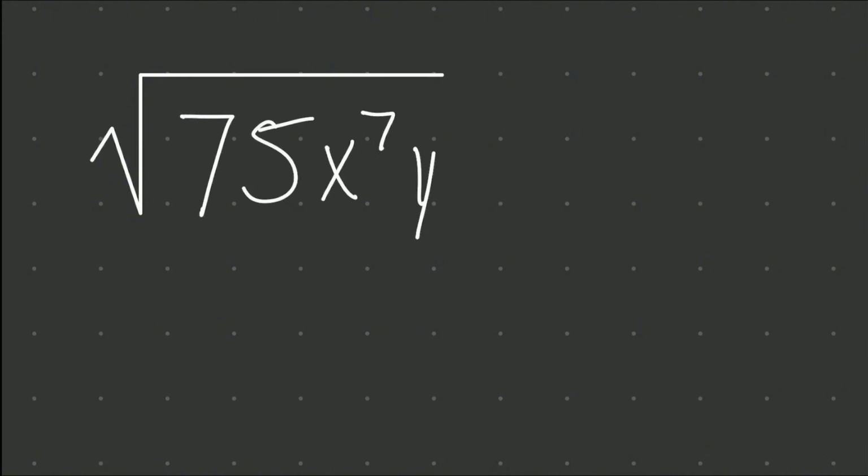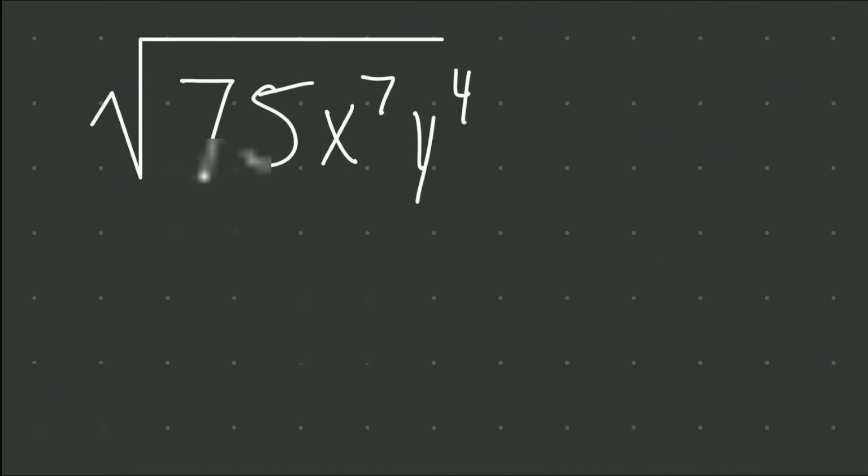So how do we simplify this expression here? The way we begin to simplify is, in our radicand, we need to break everything down. This index is going to be an invisible 2, and we're just looking for groups of 2, essentially.